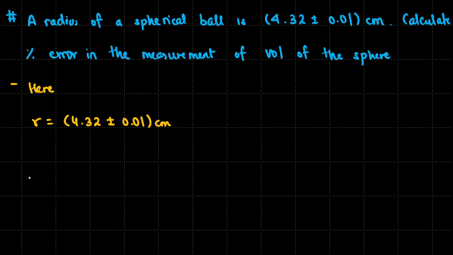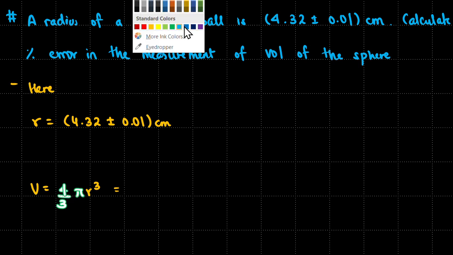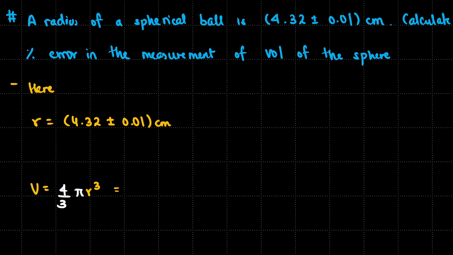And the volume, we know the formula is 4 by 3 pi r cube, where 4 pi by 3 is a constant, which I'm going to represent by k, which will make it much easier for you to understand.